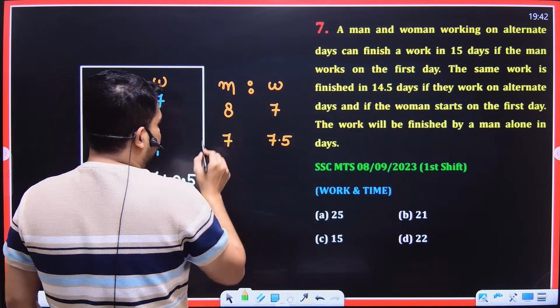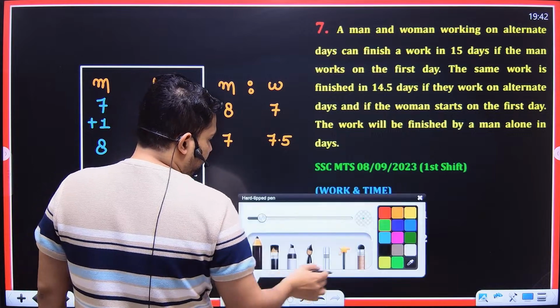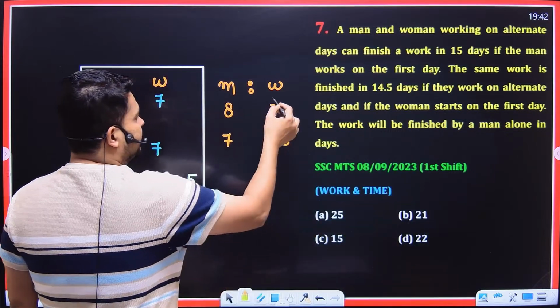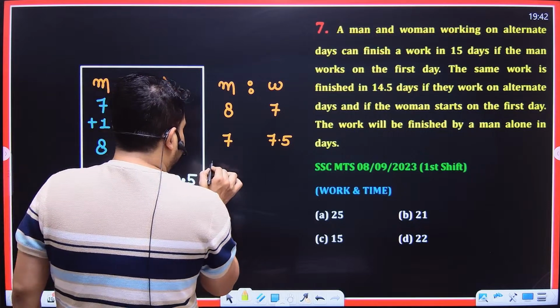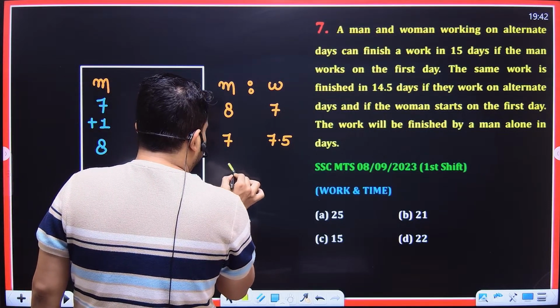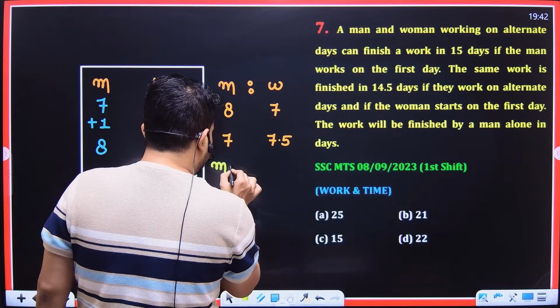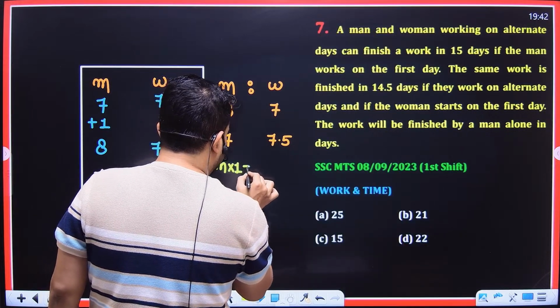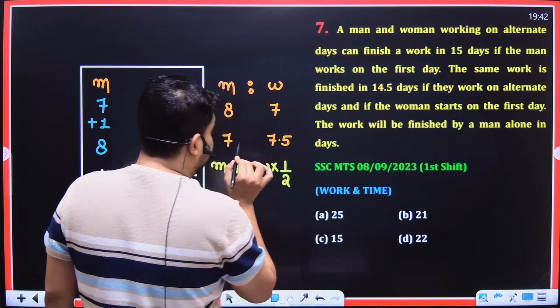See, we have a conclusion that if man reduces 1 day of his work, then woman has to work one half day more. So we can say that the work done by man in 1 day is equal to the work done by woman in the half day. It is clearly visible.